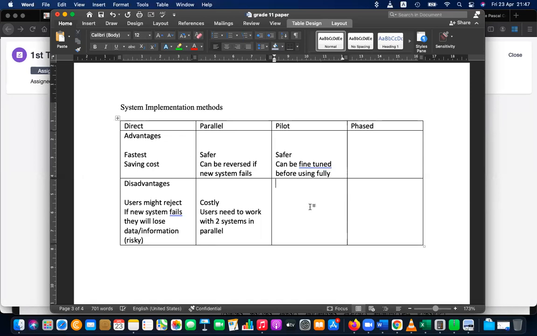Pilot means you select a sample and apply it to that sample. So it can be fine-tuned: whether they like it or not, the disliked features can be removed and updated accordingly. It's safer. But again, it can be costly and will take more time.